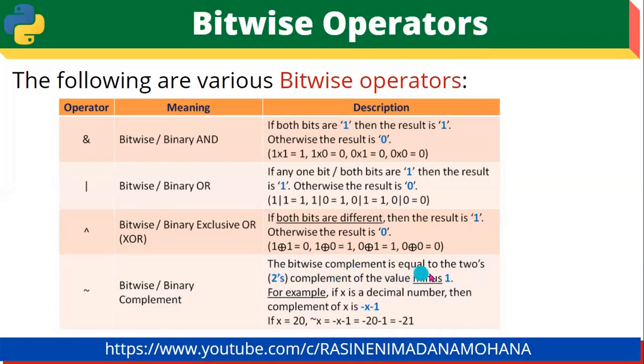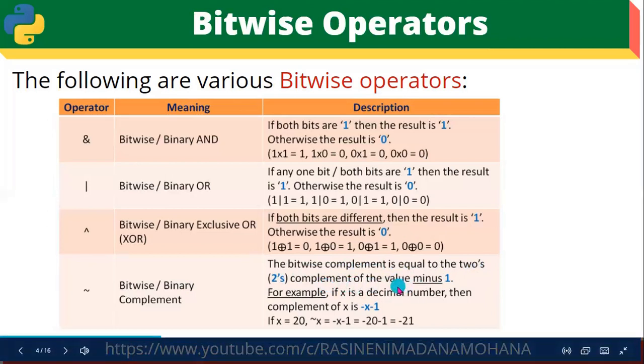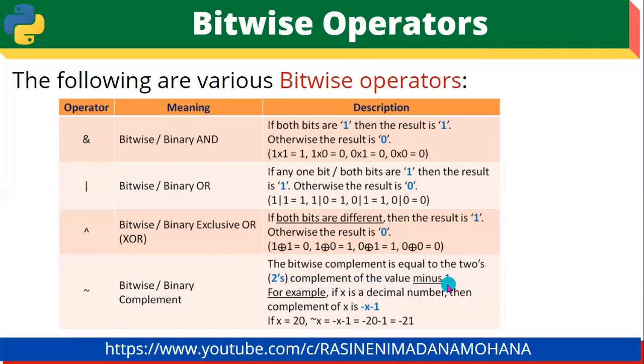The bitwise complement is equal to the 2's complement of the given value, minus 1. For example, if x is the decimal or integer number, then the complement of x can be written as minus x minus 1. So this minus 1 is common for any x value starting with minus.